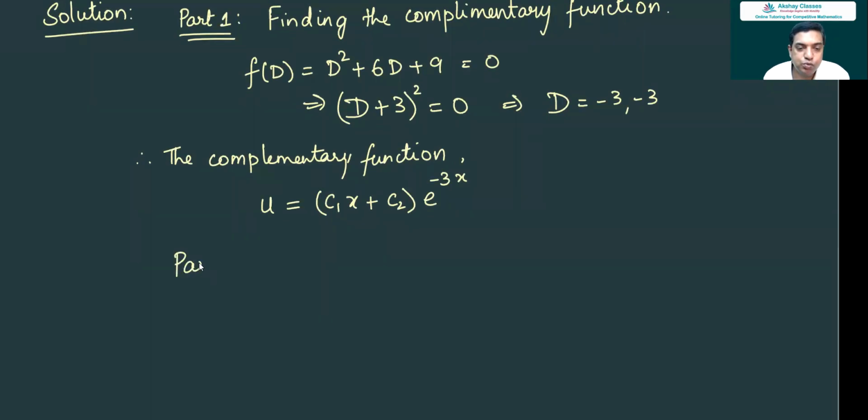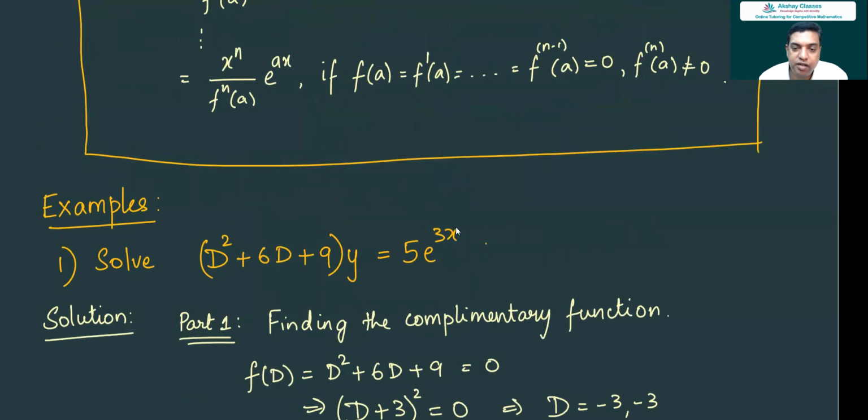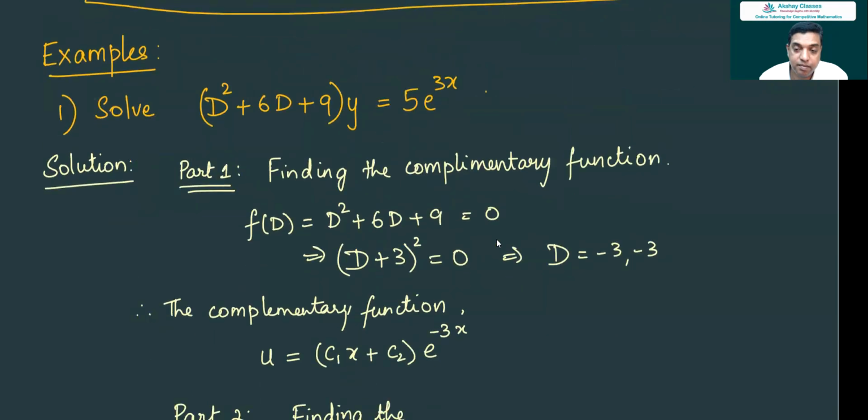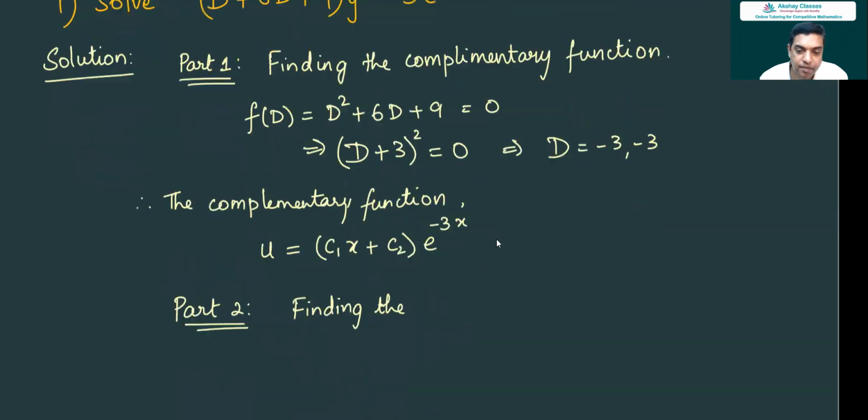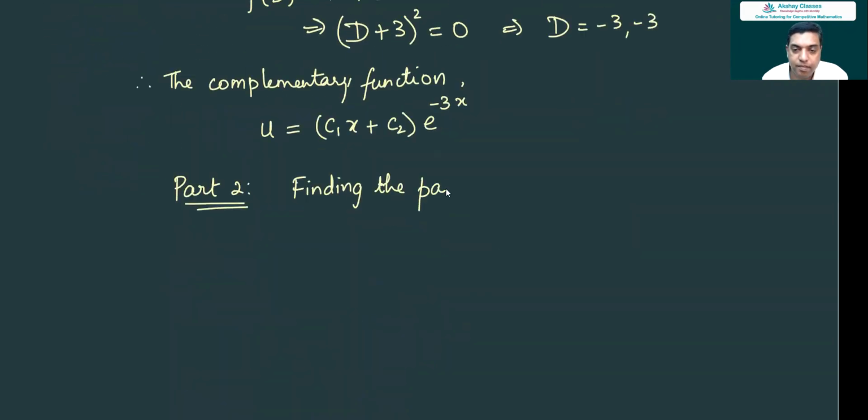Now part 2, finding the particular integral. What is the right hand side? 5 times e^(3x).